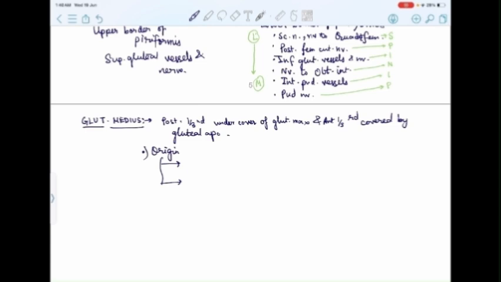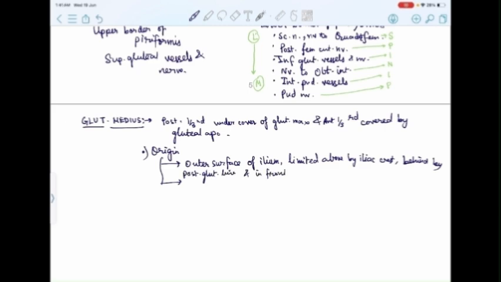So: outer surface of ilium, limited above by iliac crest, behind by posterior gluteal line, and in front by anterior gluteal line. And the anterior 1/3 is covered by gluteal aponeurosis, so you can definitely write gluteal aponeurosis as origin.